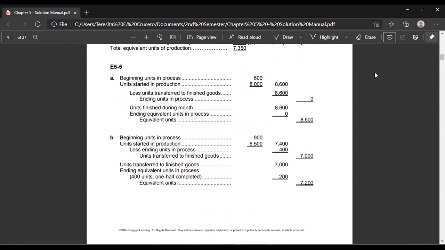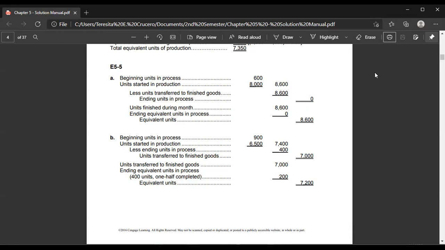E5 has the following requirements. Using the following data, determine which figures should be inserted in the blank spaces. So we have now the following columns: beginning units in process, units started in production, units transferred to finished goods, ending units, and equivalent units.